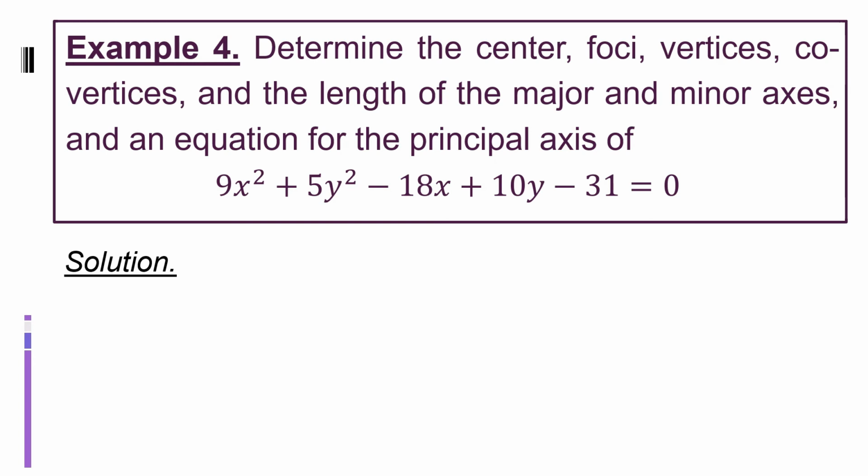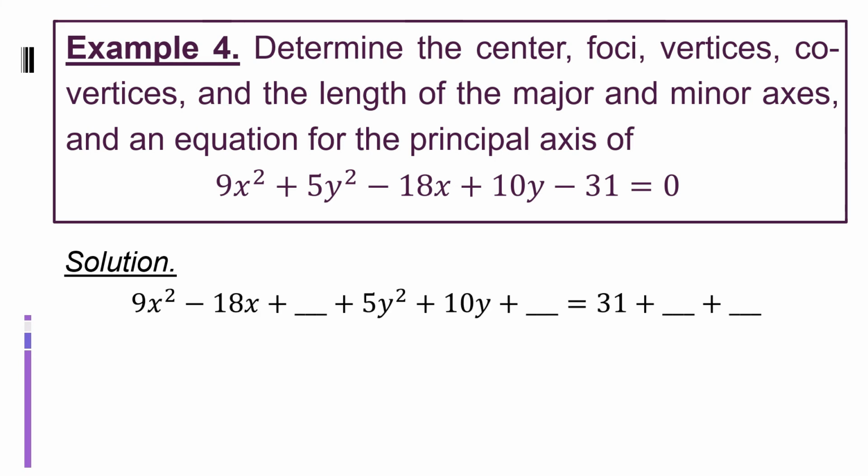So let's determine the center, the foci, the vertices, the co-vertices, and the lengths of the major and minor axes, and the equation for the principal axis of 9x squared plus 5y squared minus 18x plus 10y minus 31 is equal to 0. So for our solution, eto kasi naka-general form siya.